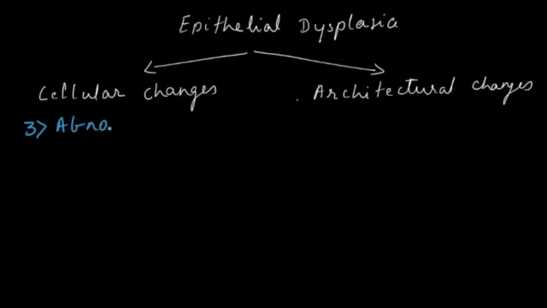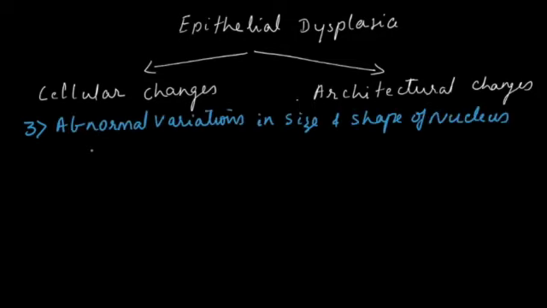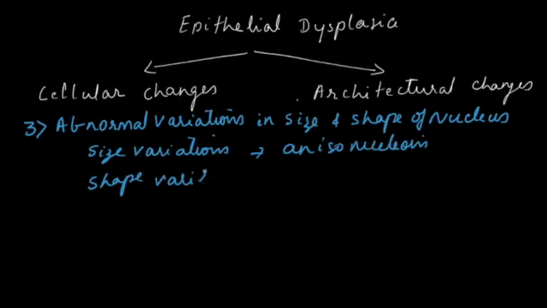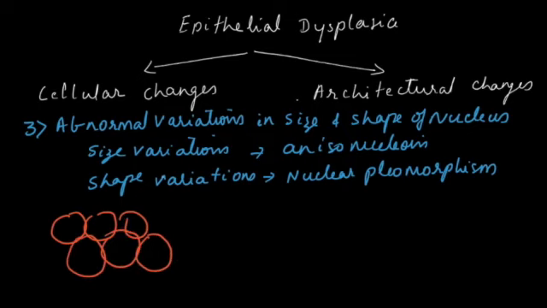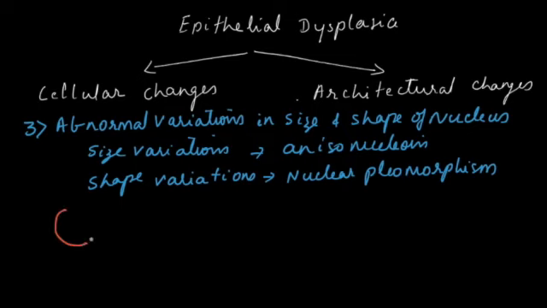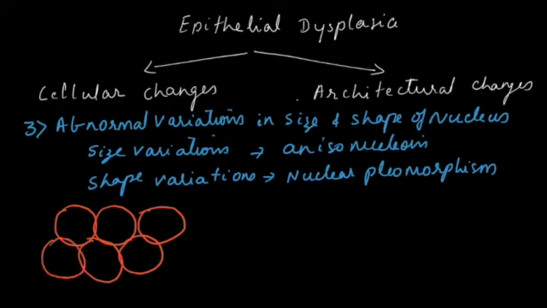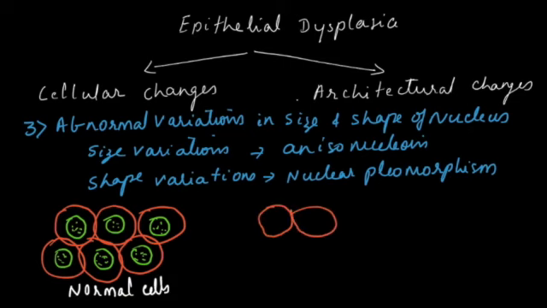The third cellular change is abnormal variations in size and shape of the nucleus. Size variations are called anisonucleosis and shape variations are called nuclear pleomorphism. Now we draw a set of normal cells. Sorry, they don't look normal. Let's draw uniform sized and shaped cells, which are a normal set of cells with uniform shaped nuclei.